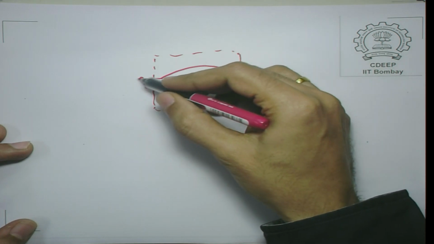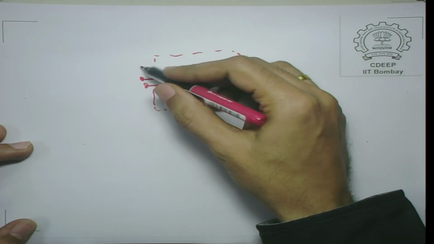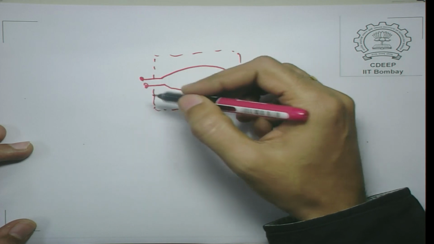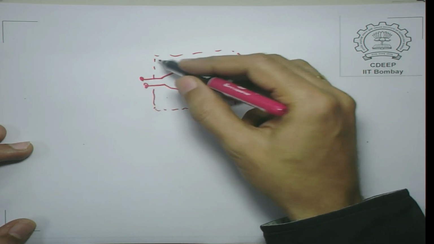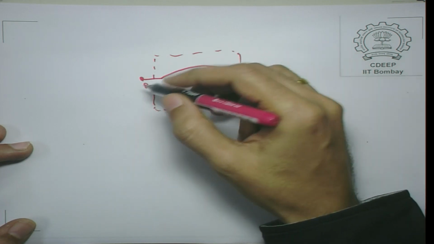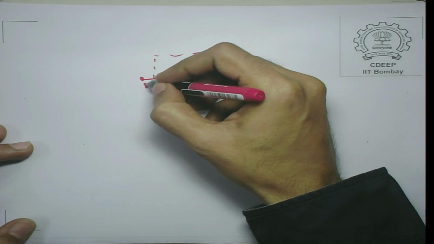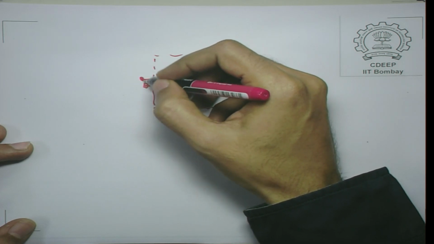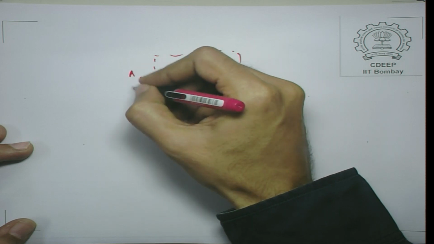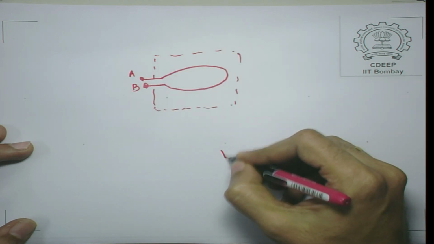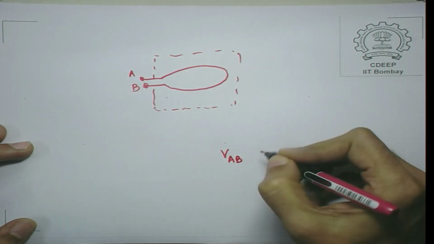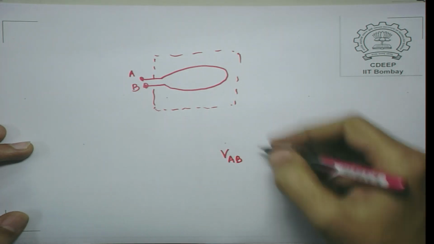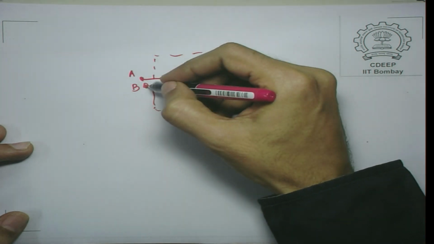If we apply Faraday's law, we assume of course that the magnetic fields outside are negligible, and all the fields are within this inductor. In that case we can define uniquely a potential difference, which I will call the voltage VAB, equal to the potential difference between point A and B.